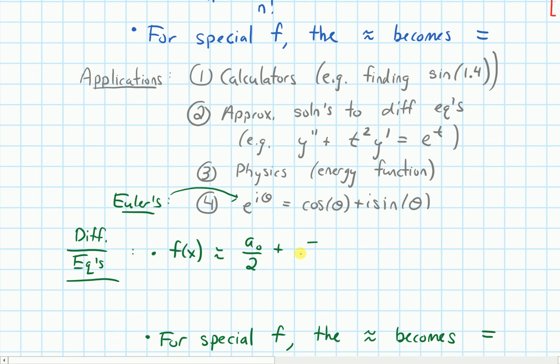And then we're going to have a series of sine and cosine terms. So I'm going to write this series in sigma notation. So I'll have n equals 1 to infinity, and then I'll have a sub n times some cosine term, and I'll state what's inside of this cosine term later, and then plus bn times some sine term, and again I'll write down what's inside the sine term a bit later, but for right now that's not super important.